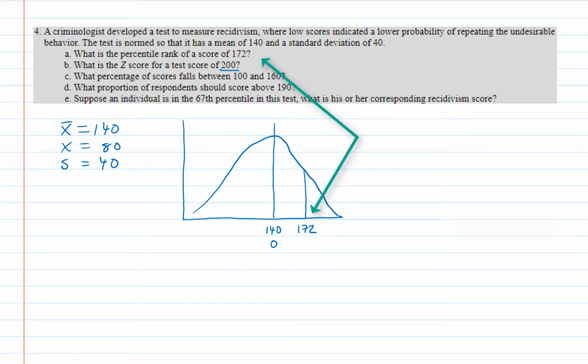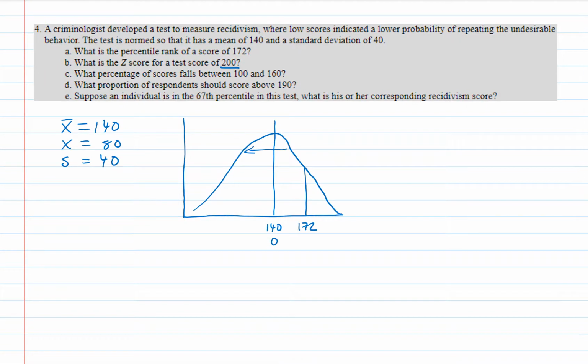The percentile rank is the score such that that percentage of scores falls below the given score. So we want to find out the area under the curve to the left of a raw score of 172.